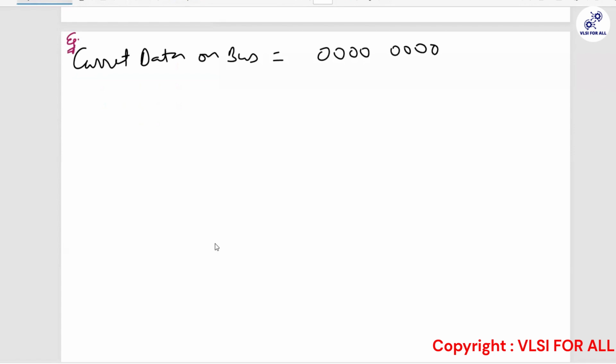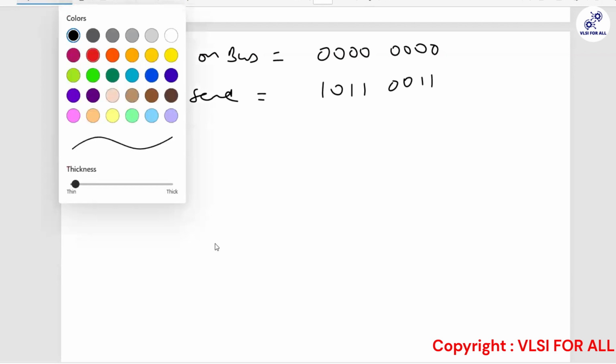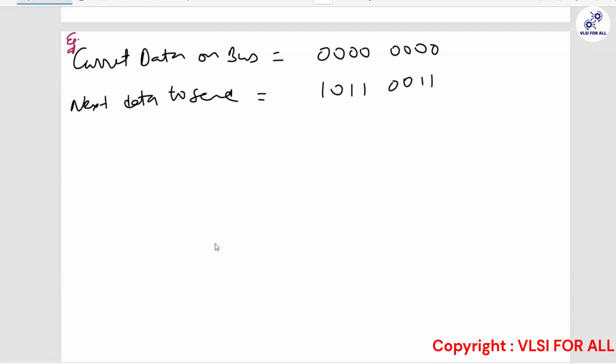This is my current data on the bus. And the next data that I want to send is, let's say, 10110011. So first, what do we do? We'll calculate the transitions.